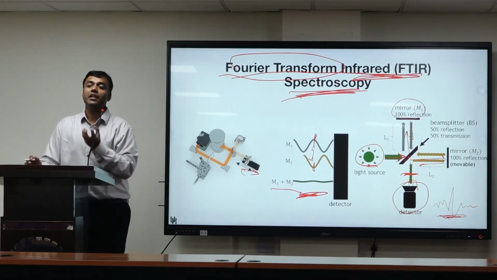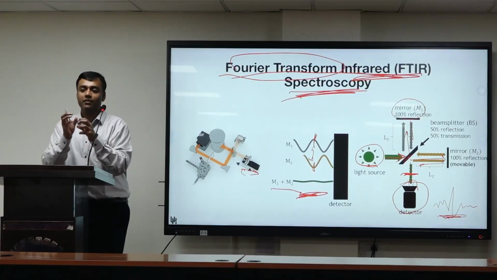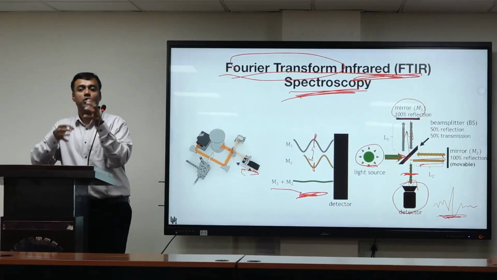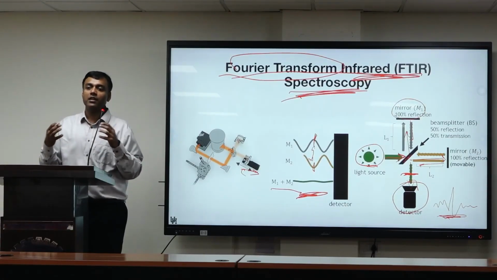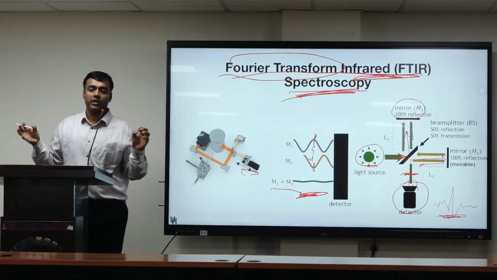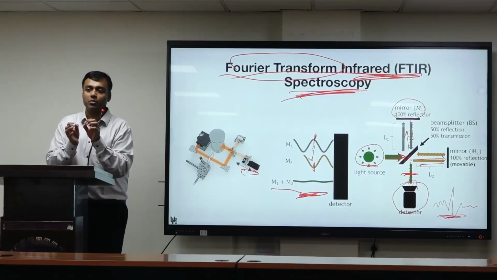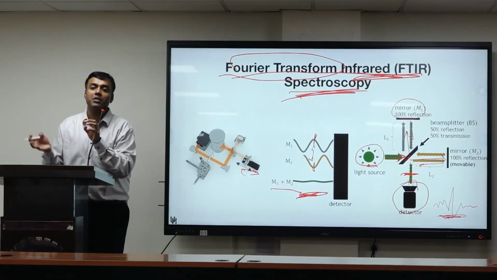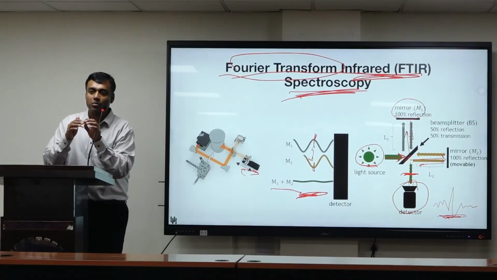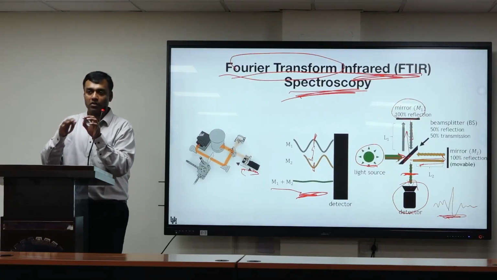So when you have chemically heterogeneous samples, meaning different locations have different molecular composition, you can't just do one spectroscopy measurement. You do what's called spectroscopic imaging. You combine spectroscopy with microscopy or imaging.